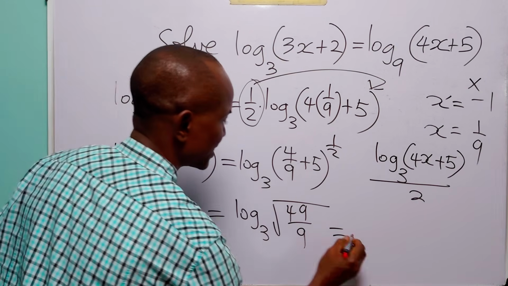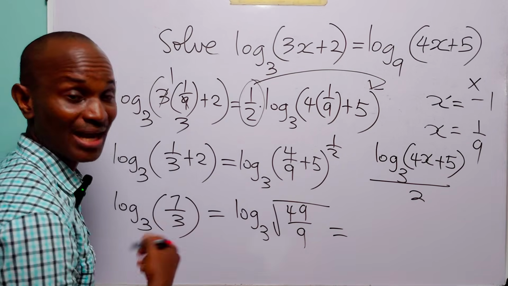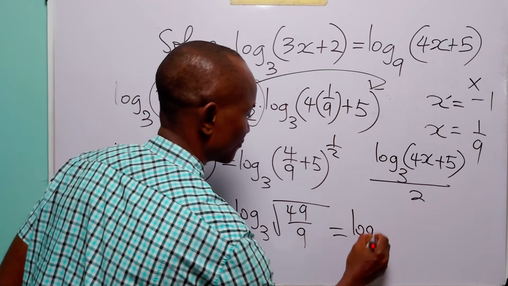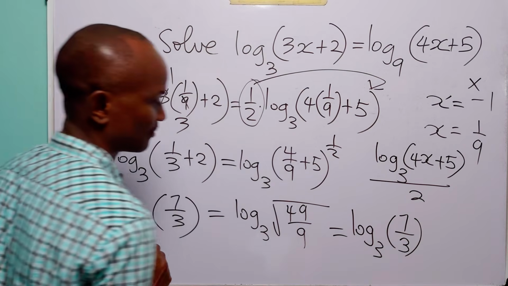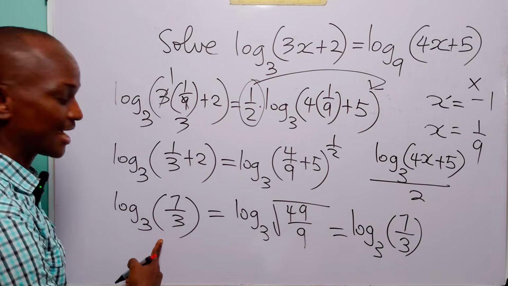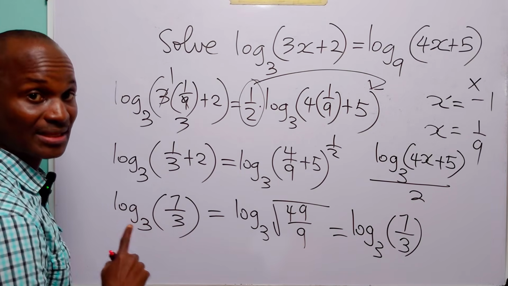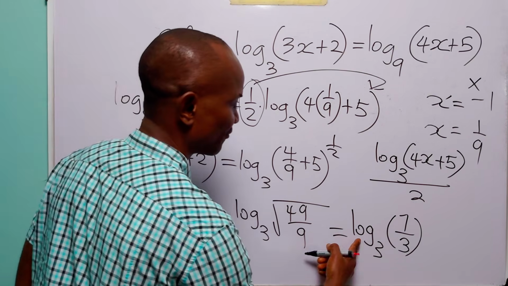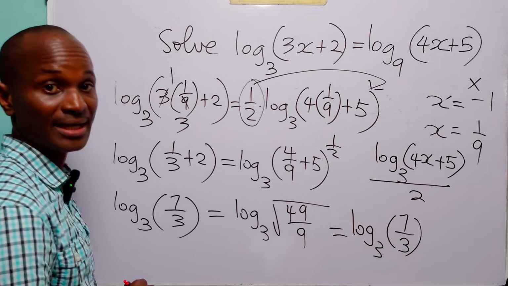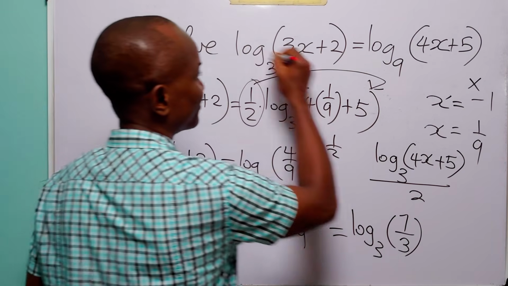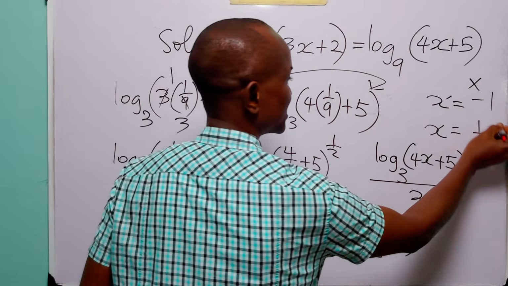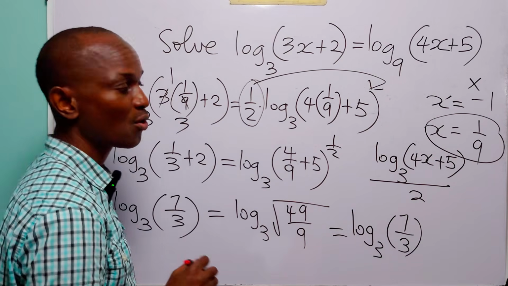And of course, we know that the square root of 49 over 9 is 7 over 3. So on the left-hand side, we have log to base 3 of 7 over 3. And on the right-hand side, we have log to base 3 of 7 over 3. So that means that the only value of x that satisfies this logarithmic equation is x equal to 1 over 9.